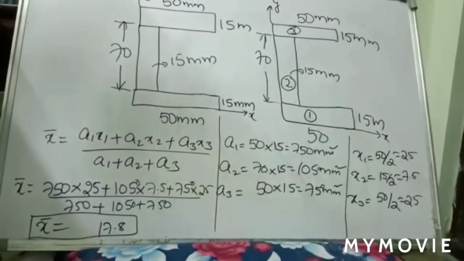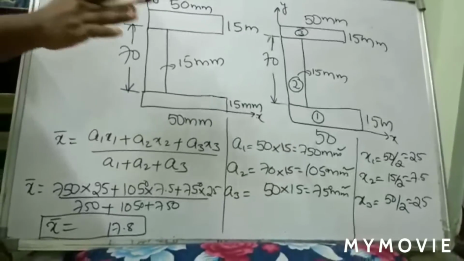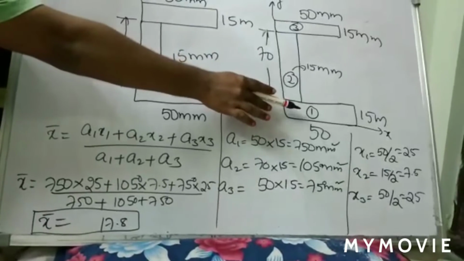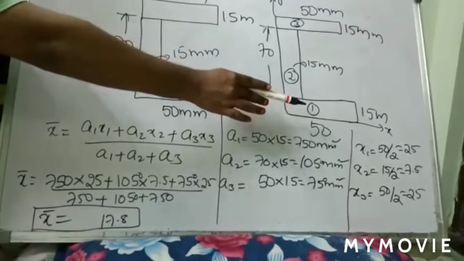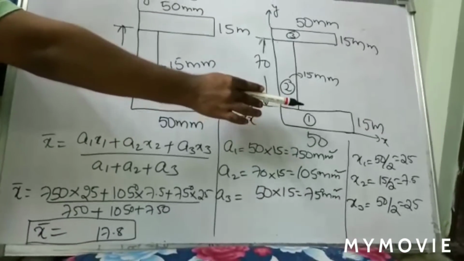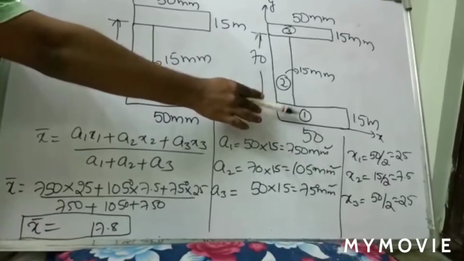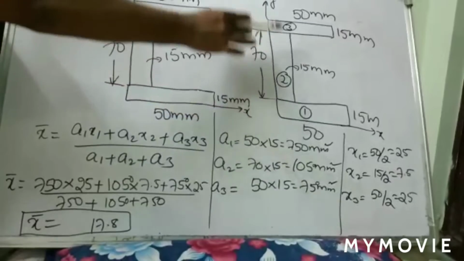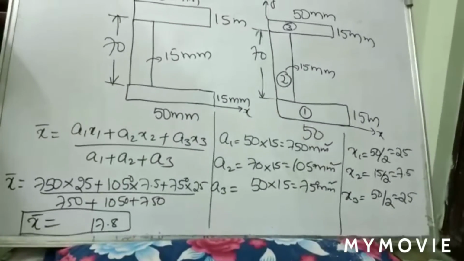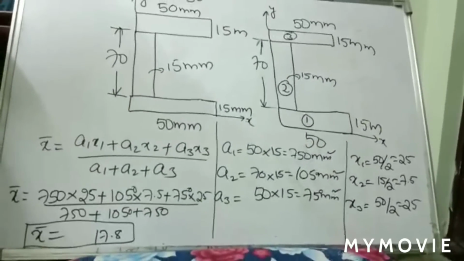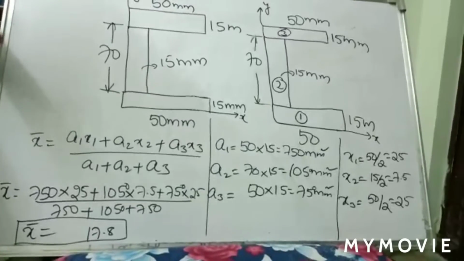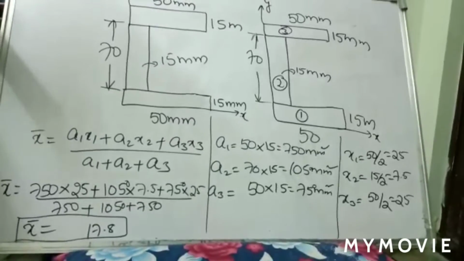Don't make it complex. Divide as per your convenience, so that it is a very easy division. In this case I divided it into first part, second part, third part. All these three are rectangle blocks, so that is very easy for you to calculate.